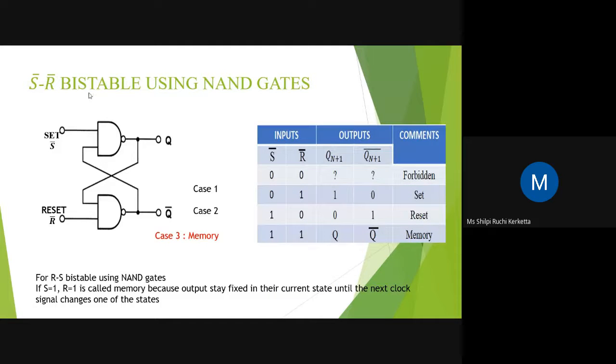So this is another bistable where we are using NAND gates. Because we used S and R for the NOR gate, for the NAND gate we are using S bar and R bar. Earlier we had set and reset, but because this is S bar and R bar, this becomes our set, and here we are using R bar, and it becomes our reset.